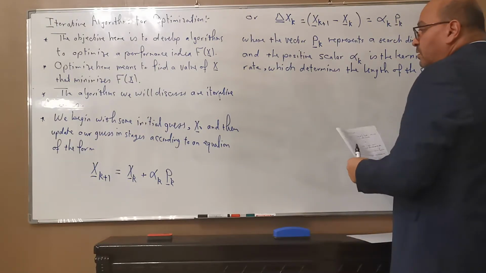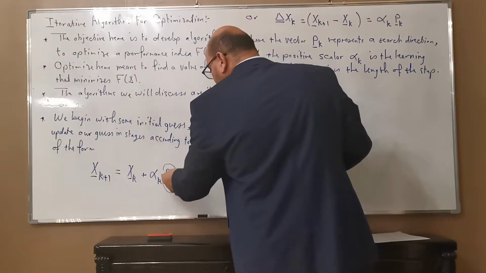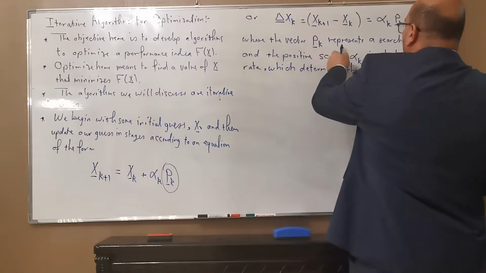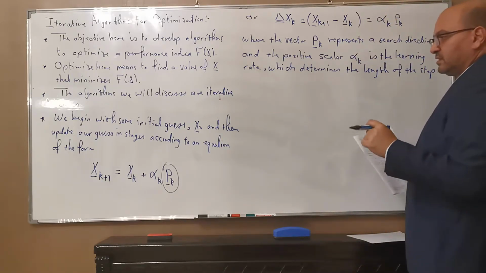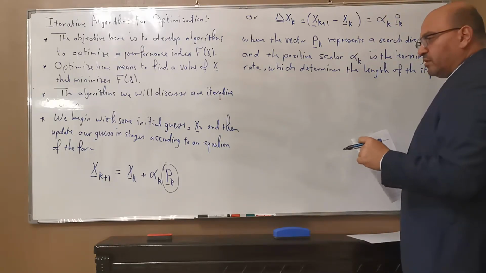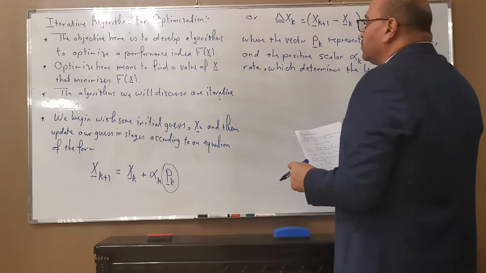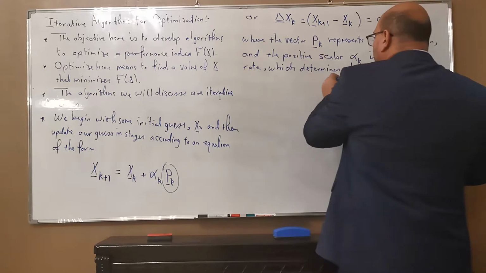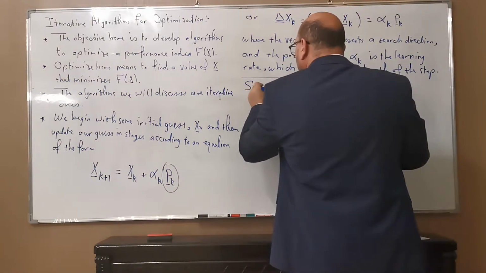So, choosing the vector which represents the search direction states the form of the type of the iterative algorithm that we are using. So we will first discuss something called the steepest descent method.